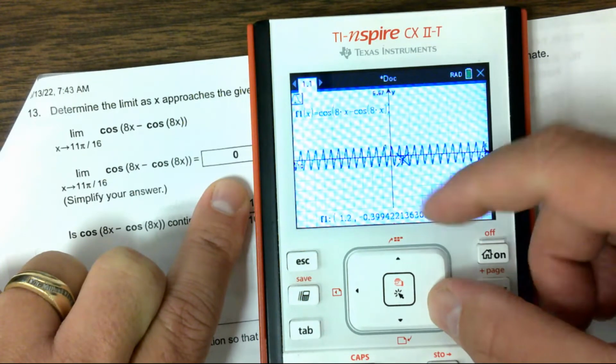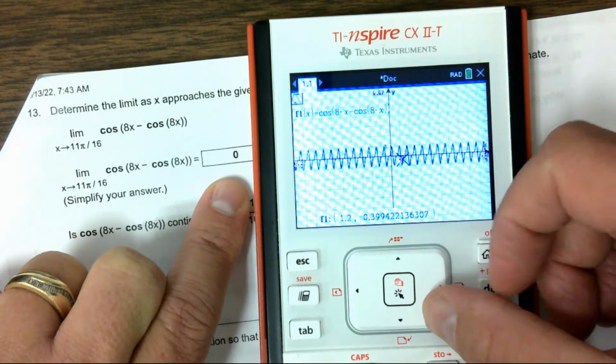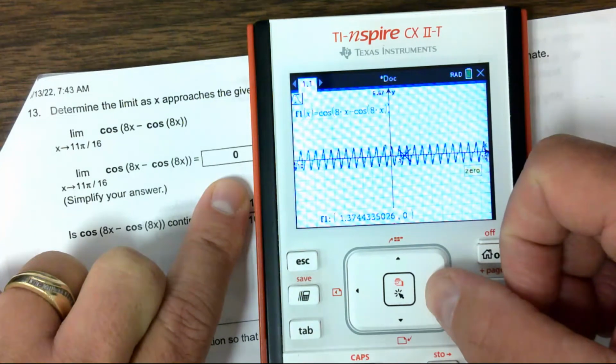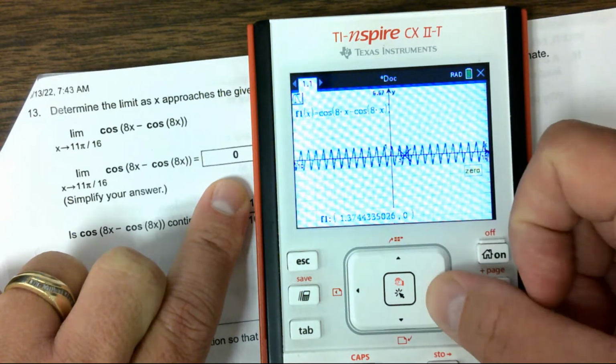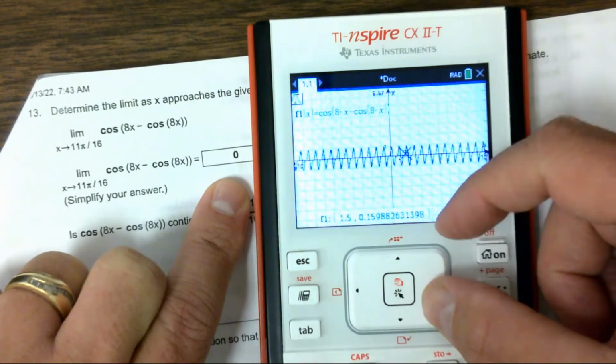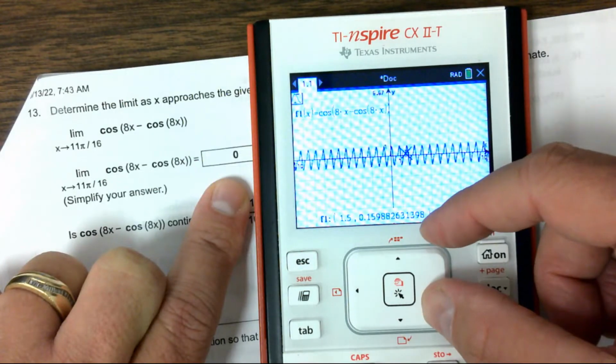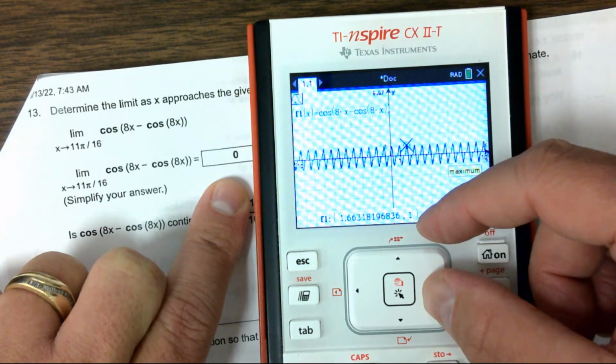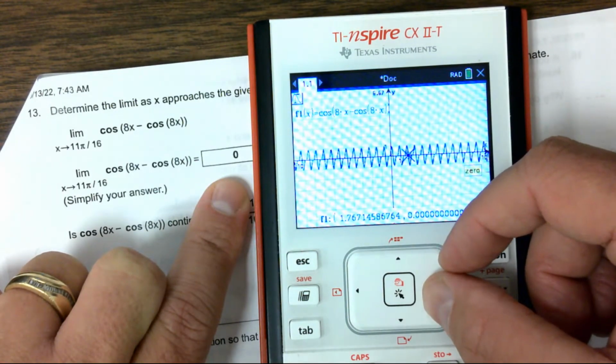So apparently, these values are pretty close. There's 0. This one's 0.15, but that was at 1.5.